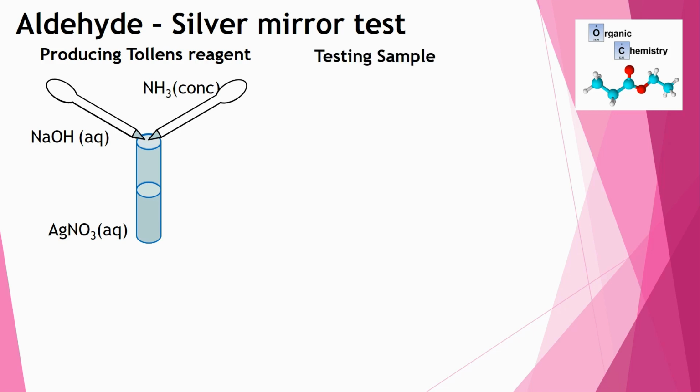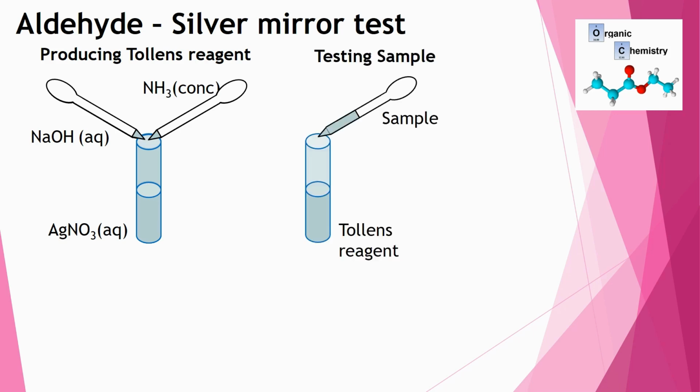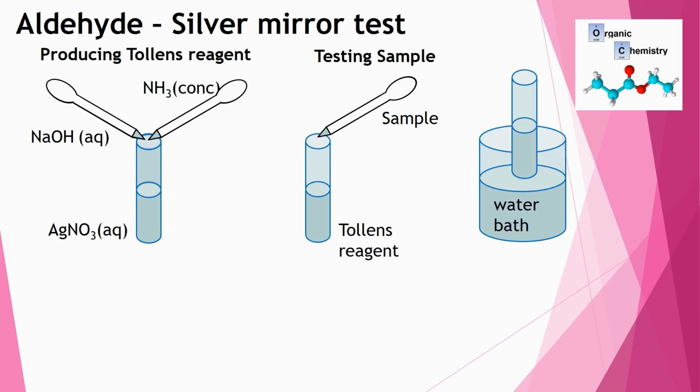So I take the Tollens reagent that I've just made, I add my testing sample, that is my aldehyde, or what I think could be an aldehyde, and then I place it in a water bath and leave it there for about 5 to 10 minutes.